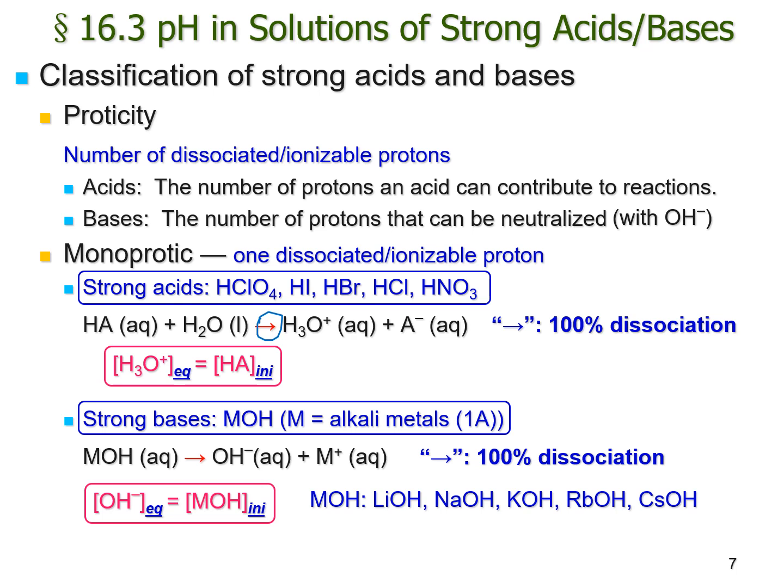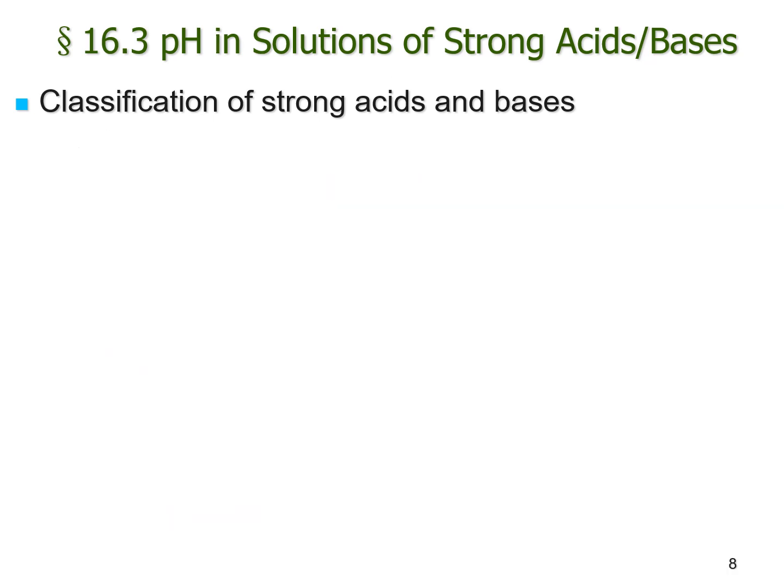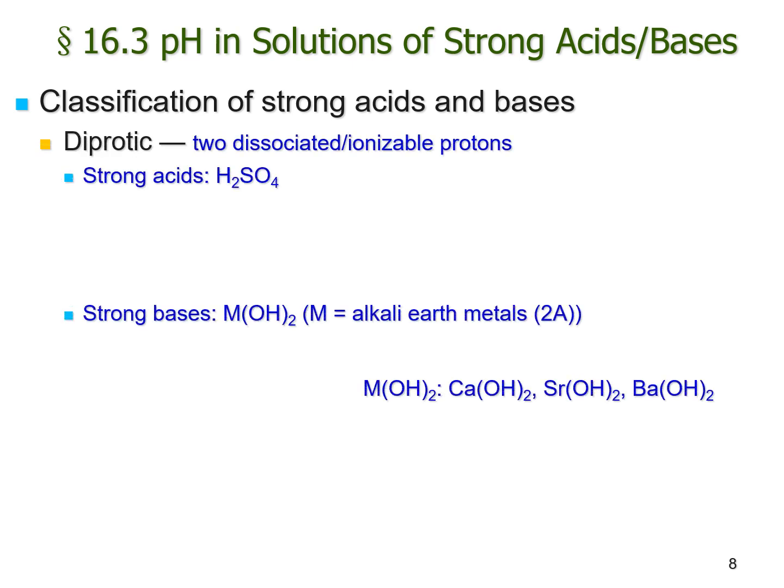Okay, so that was the monoprotic. Diprotic means two dissociated or ionizable protons. There's only one strong diprotic acid, H2SO4. And for strong bases, that would be hydroxides with the cation of an alkaline earth metal.